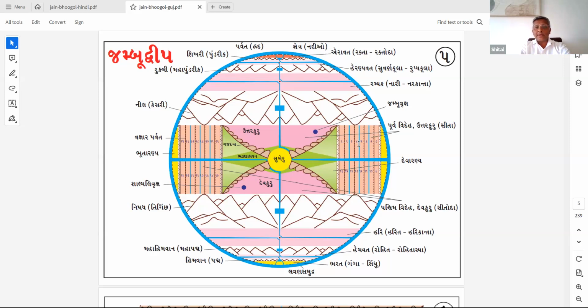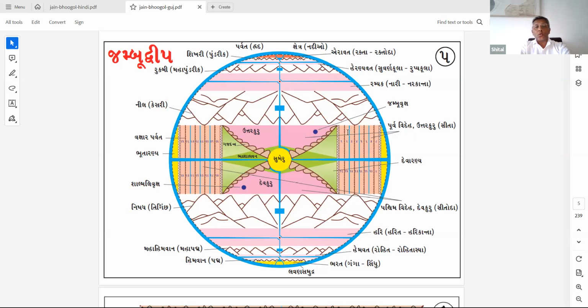This is the northeast section, this is the southeast section, this is the southwest, and this is the northwest. Each section has 8 Nagaris.